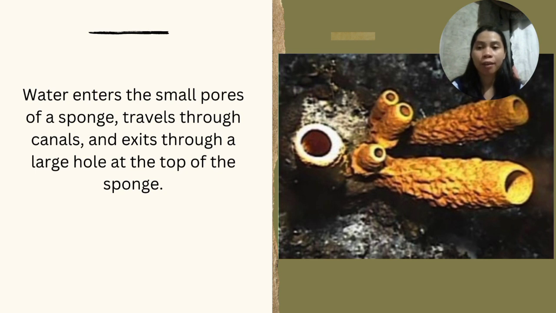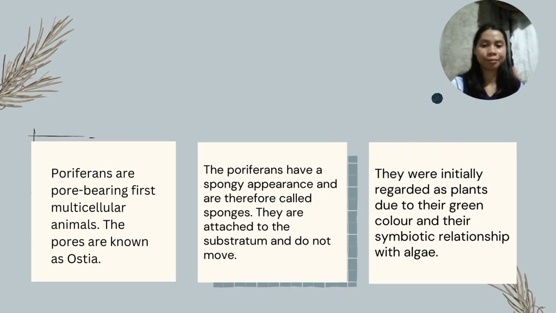Instead, they have tiny pores in their outer walls through which water is drawn. So poriferans are the first pore-bearing multicellular animals. The pores are known as ostia.